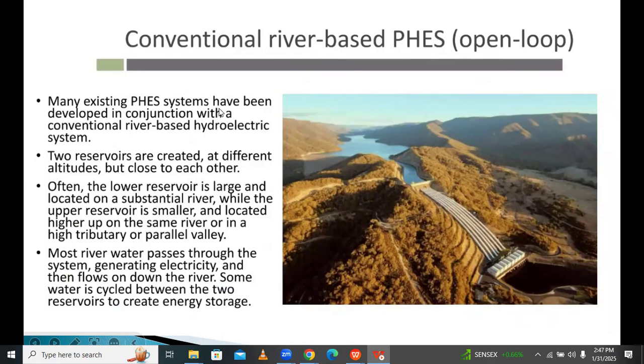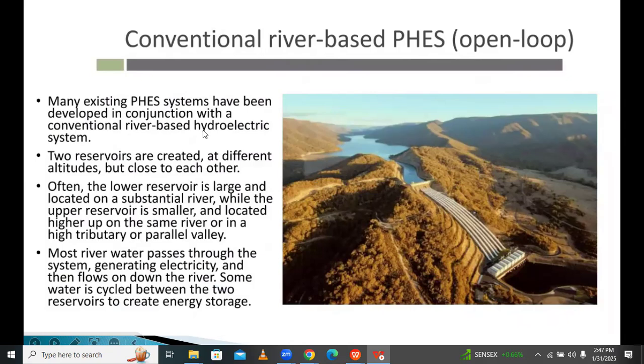Concentrating on four important points regarding this system. First, most existing PHS systems have been developed in conjunction with a conventional river-based hydroelectric system.